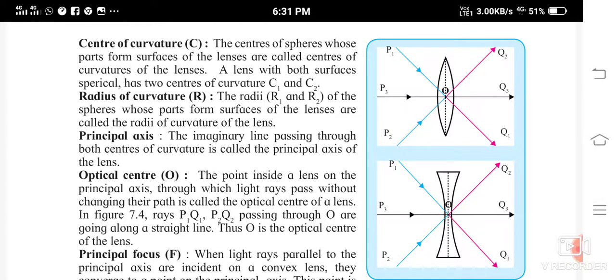Now, principal axis. The imaginary line passing through both centers of curvature is called the principal axis of the lens. So, what is the principal axis? A line joining. You saw there are 2 centers of curvature, right?